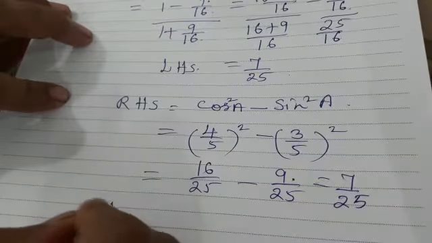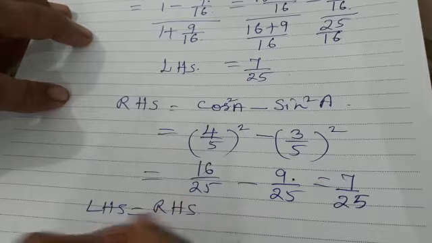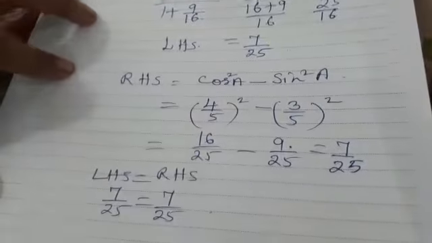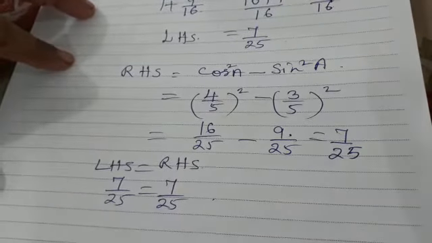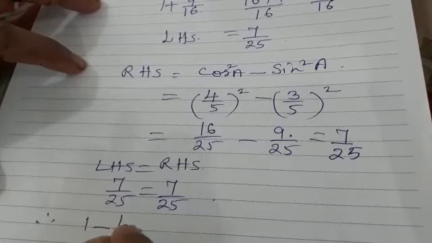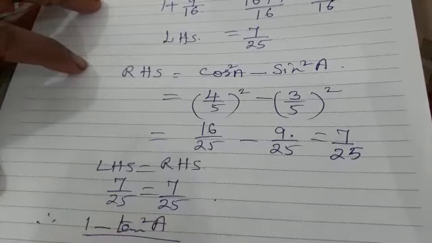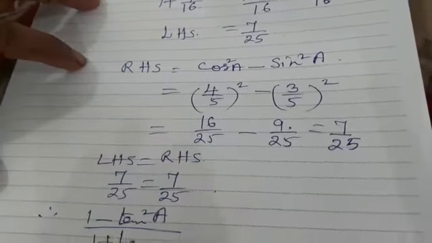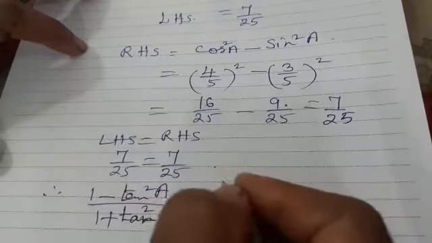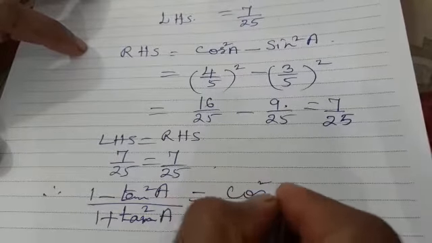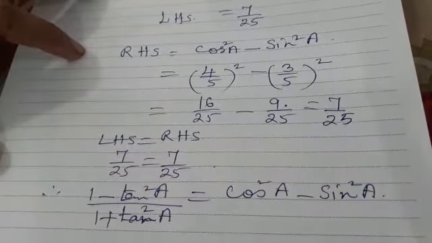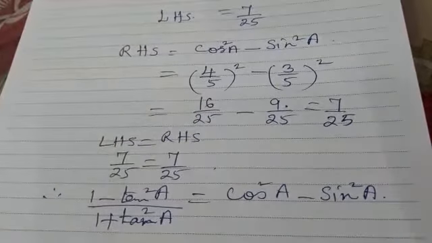So LHS is equal to RHS, 7 upon 25. We have proved it. Finished.